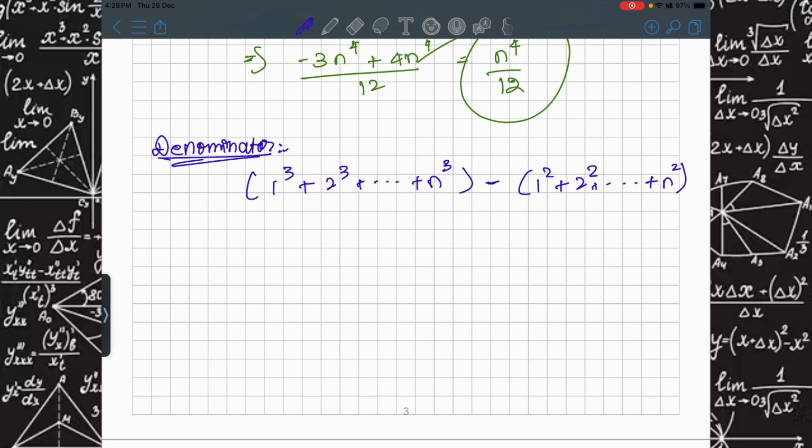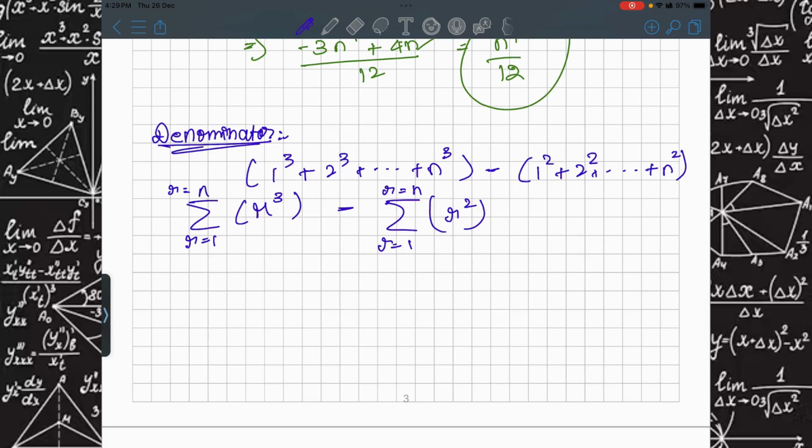Okay, so now this is very direct, right? We can just directly write it as summation of r equals to 1 to r equals to n, r cube, minus summation of r equals to 1 to r equals to n, r square. Right, it's very direct.